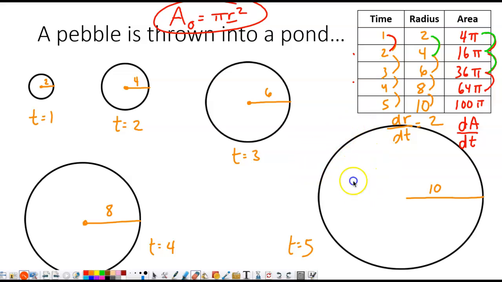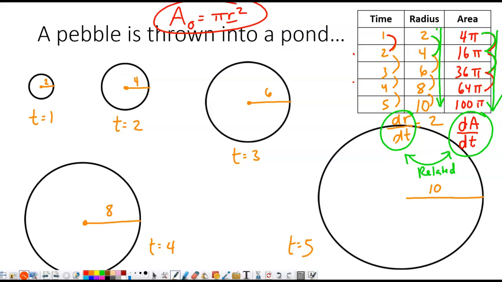Now, my point here is that we have two rates in this problem. We have the rate of change of r, and we also have the rate of change of A. And those two rates are related to each other. You can imagine that as r is increasing, that's going to cause area to increase.